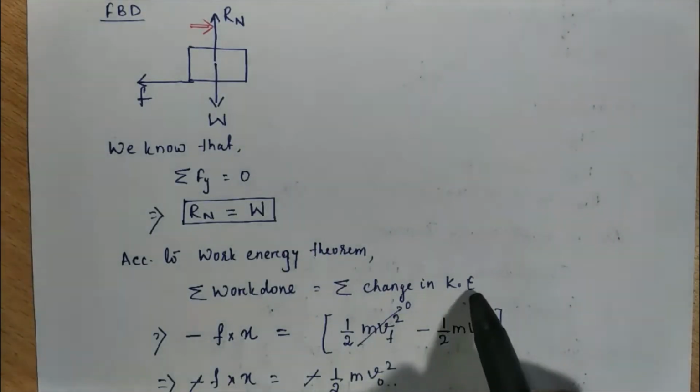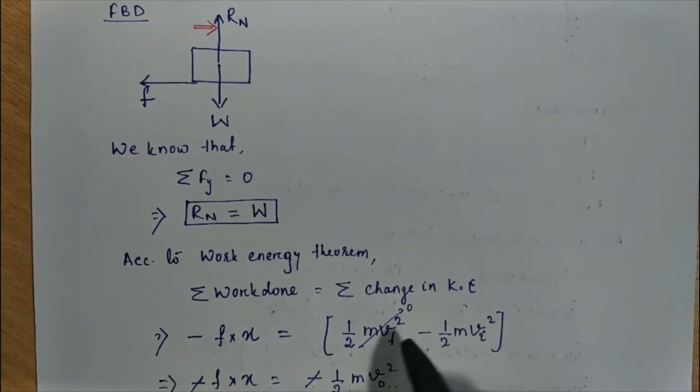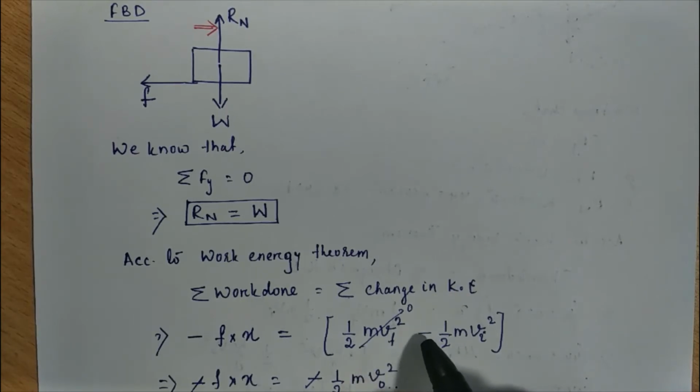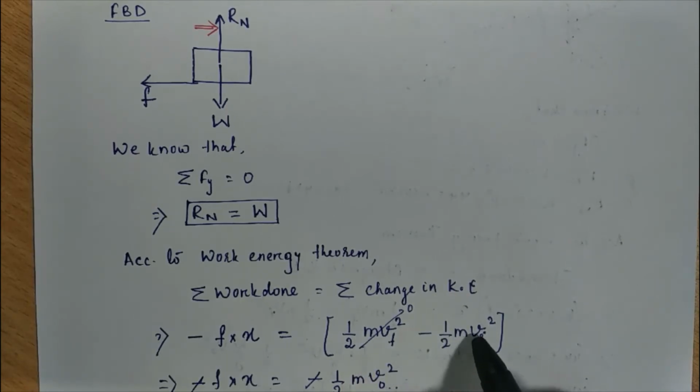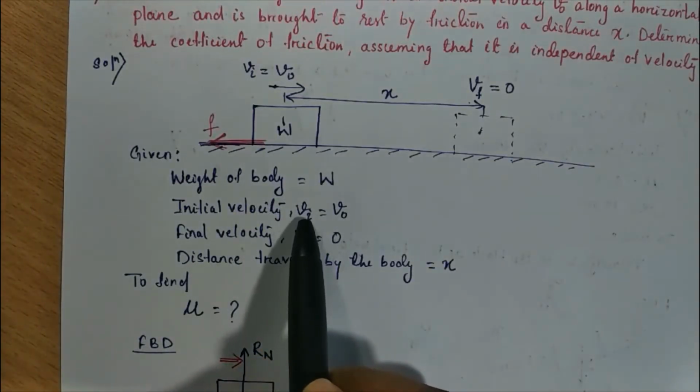And the change in kinetic energy is the final kinetic energy minus the initial kinetic energy: half m vf square minus half m vi square. Here vf is the final velocity and vi is the initial velocity.